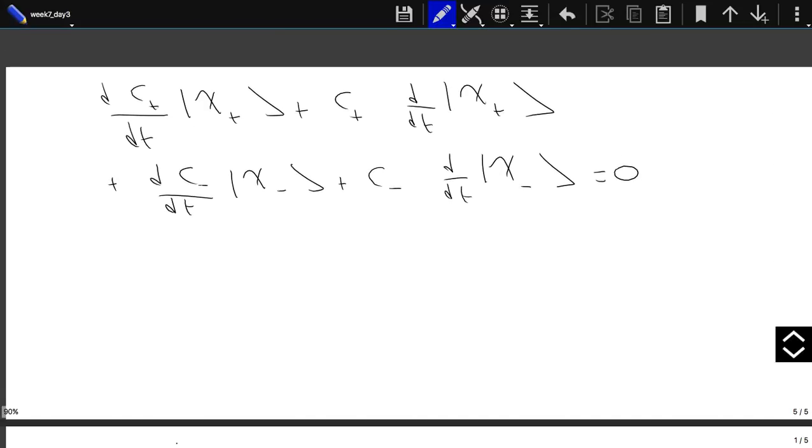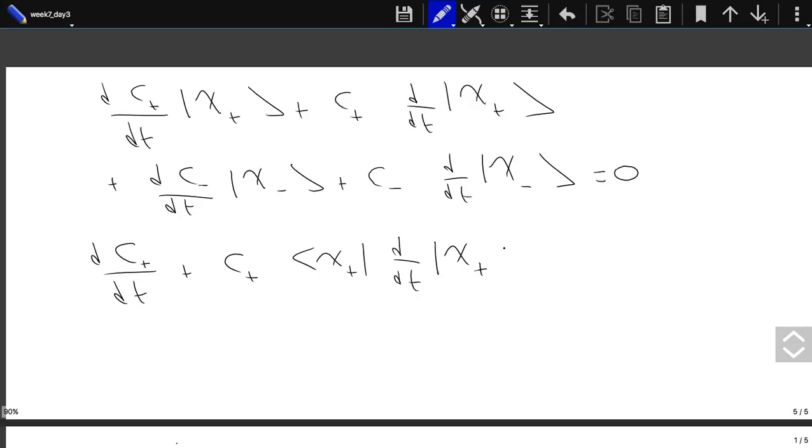I can multiply these with the chi plus bra and the chi minus bra. So I would end up having dc plus by dt, if I multiply with the chi plus bra, plus c plus chi plus d by dt of chi plus, plus c minus chi plus d by dt chi minus. This should be equal to 0.